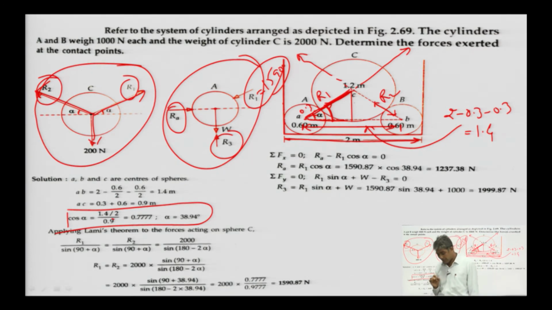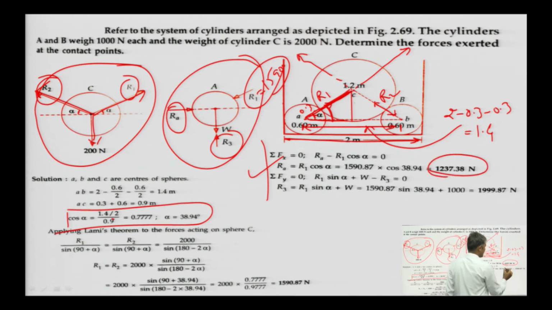Therefore, we can easily find the values with the help of the equilibrium equation. Here we have three forces, so you can use Lami's theorem or apply the static equilibrium equations to find the values of RA and R3. RA has been calculated as this one, and R3 can be calculated by this value.